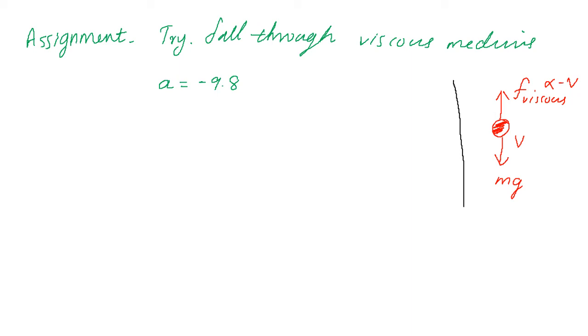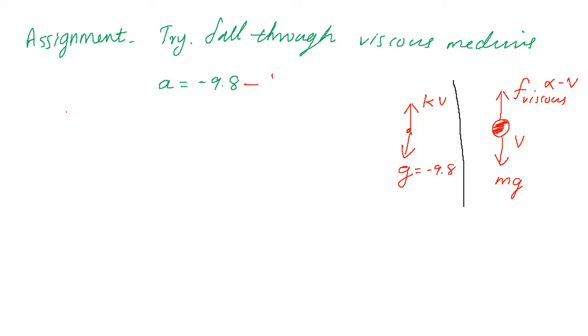Therefore, one acceleration is in the downward direction, that is g, negative 9.8, and there will be one more acceleration, some constant times velocity, in the upward direction. So in the free fall equation there will be an additional term. What will be that term?